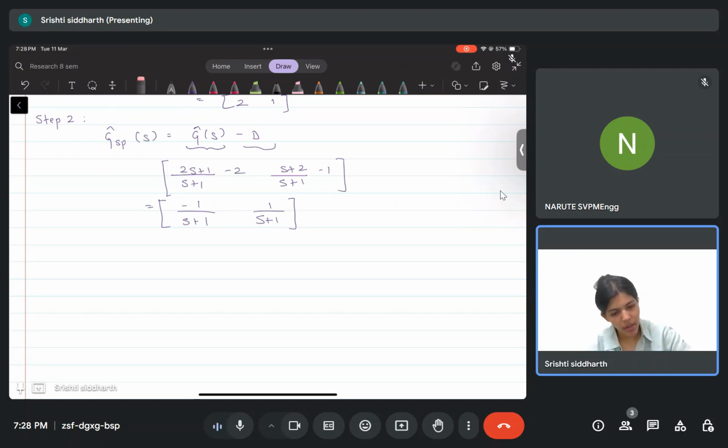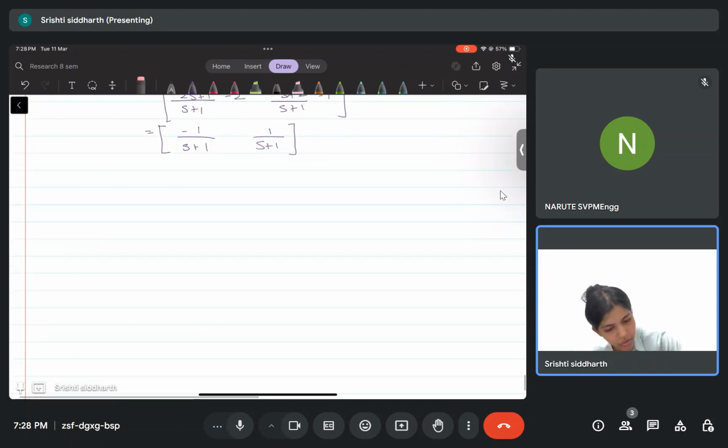Okay, so now let's say that we can write this in the form of 1 over the denominator function, N1 s to the power n minus 1 plus N2 s to the power n minus 2, and so on.